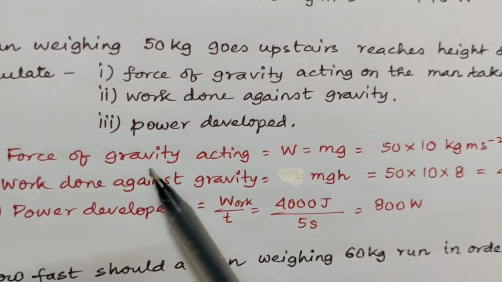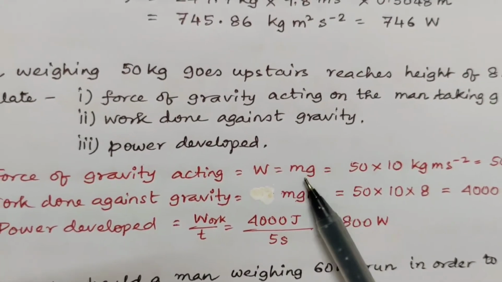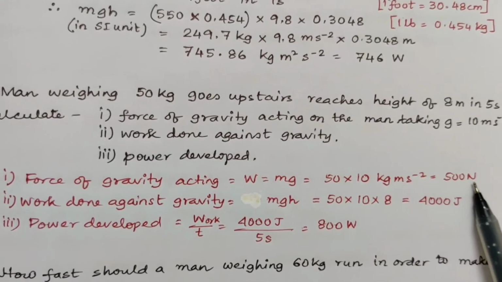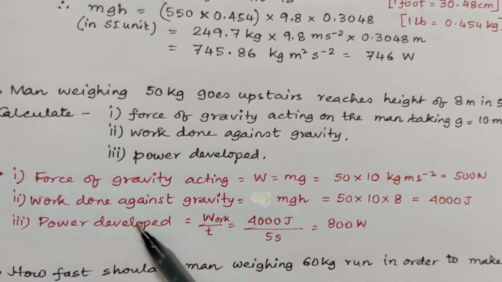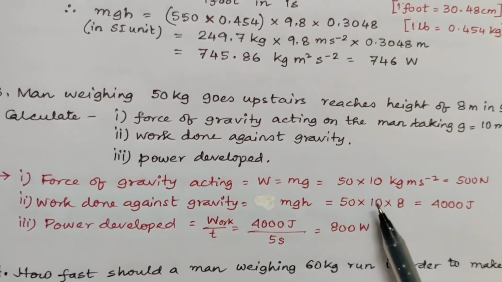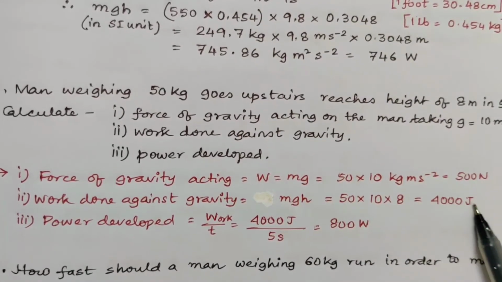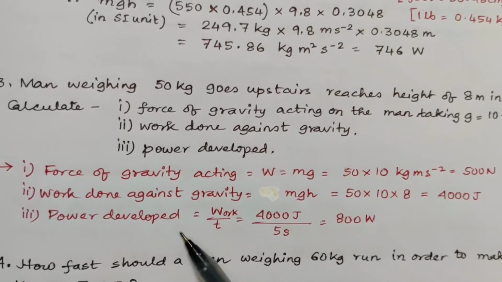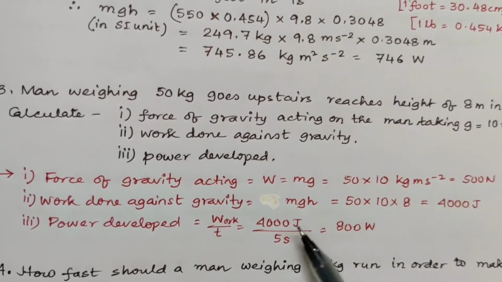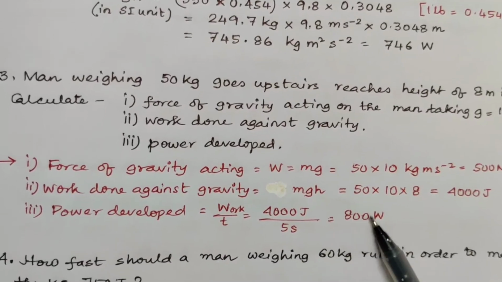So coming to number 1, the force of gravity acting is equal to m into g, that is 50 into 10, that is 500 Newton. Work done against gravity is equal to mgh, 50 into 10 into 8, that is 4000 joule, and power developed is equal to work by time, 4000 joule by 5 seconds, that is equal to 800 watt.